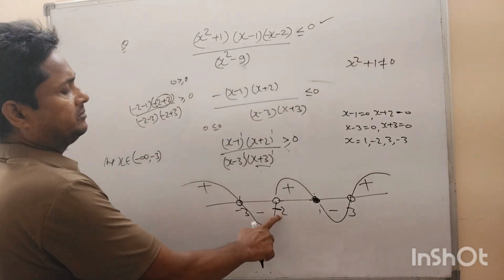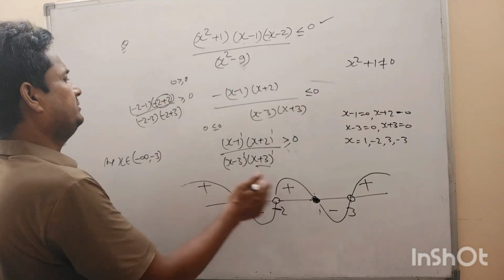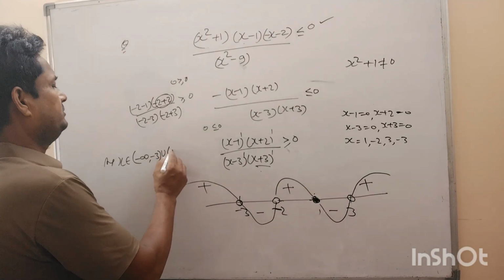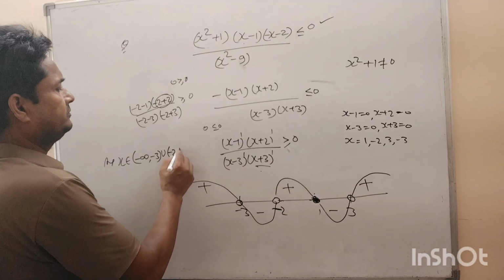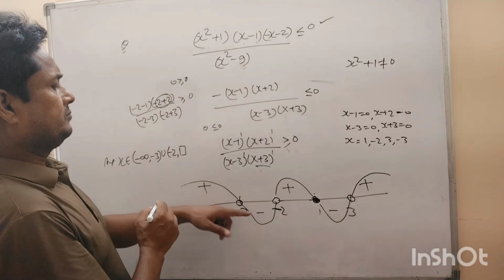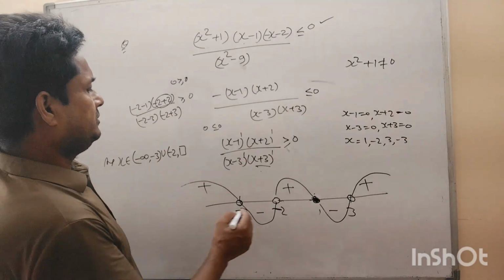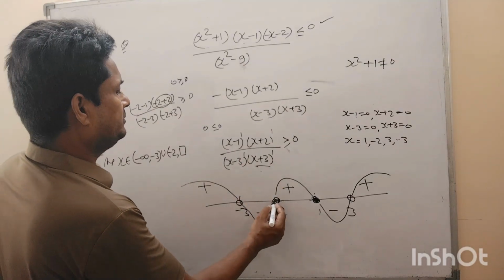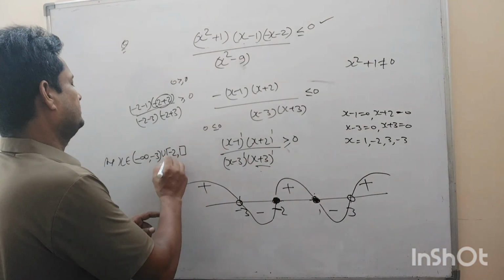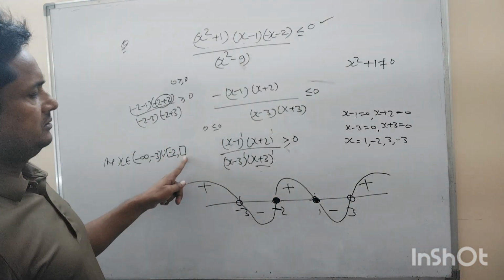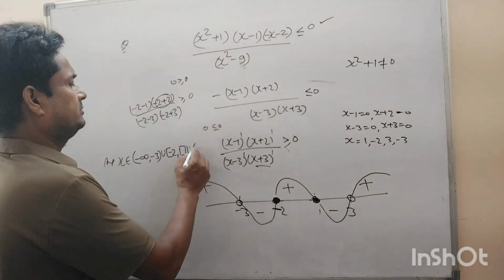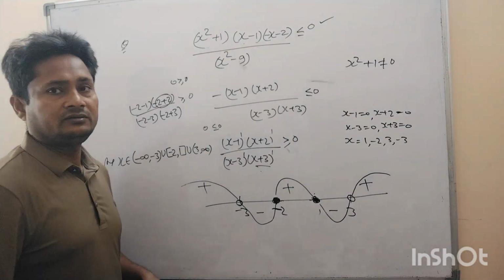Union minus 2 to 1, close bracket. Minus 2 is included. Minus 2 to 1, and then union 3 to infinity. This is our answer.